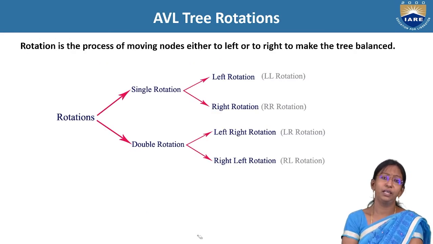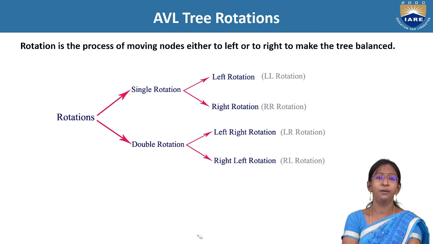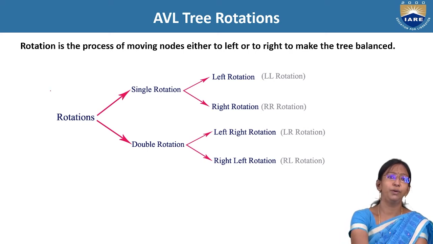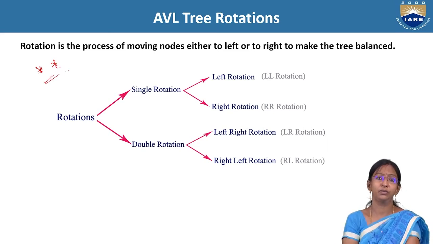So if any node violates these rules, that is, its balance factor is neither -1, 0 nor 1, we rotate it. How do we rotate it? Two types of rotations. Very, very important question from the exam point of view: explain the rotation concept in AVL trees.